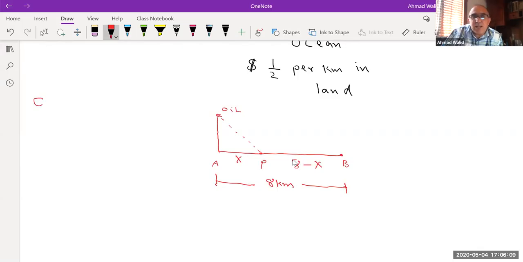It means your total cost equals the cost of pipe at sea plus the cost of pipe on land, right? That's my formula.